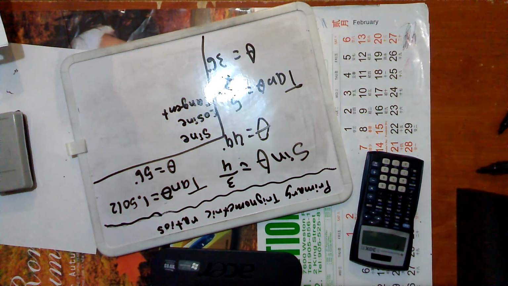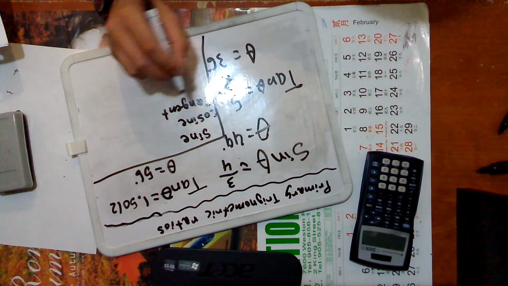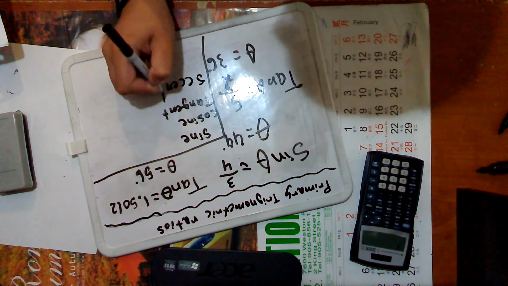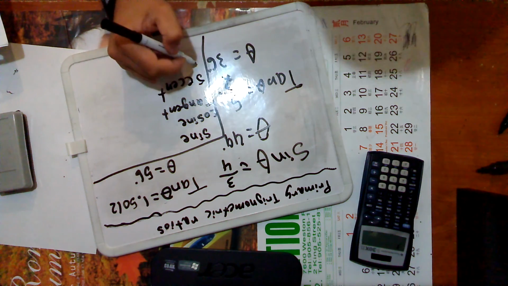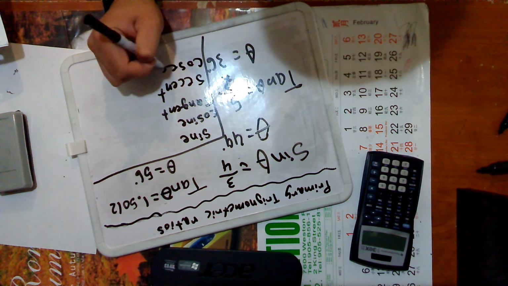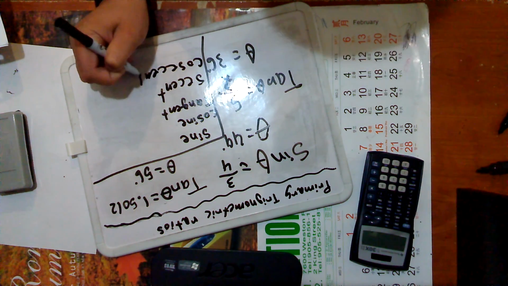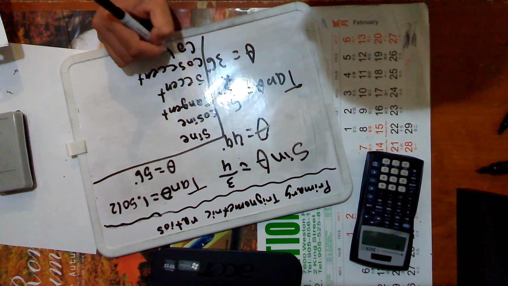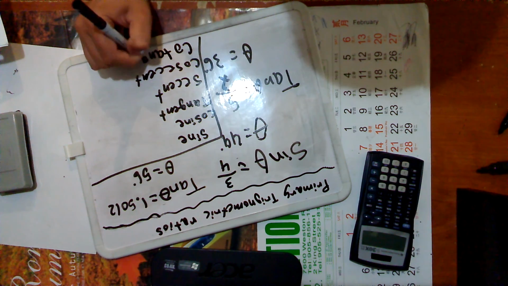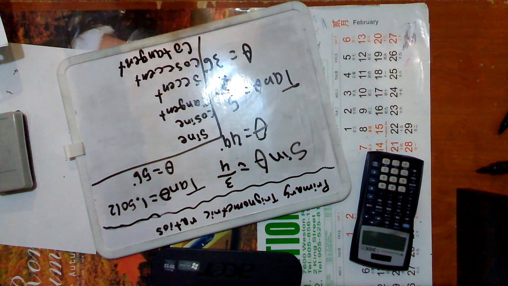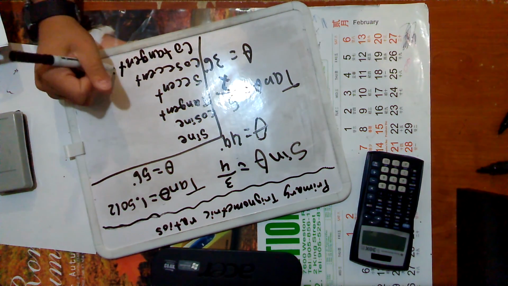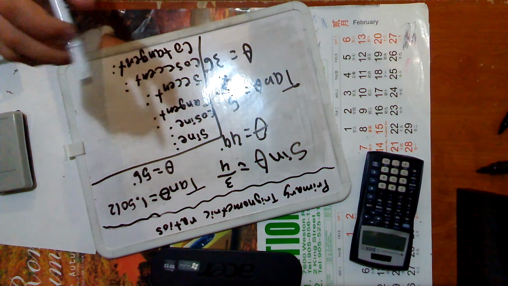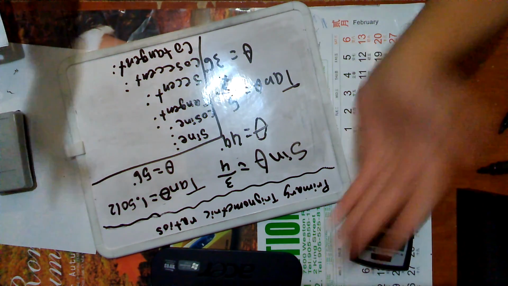The other 3 are secant, cosecant, and cotangent. What these are is just the opposite of each other.